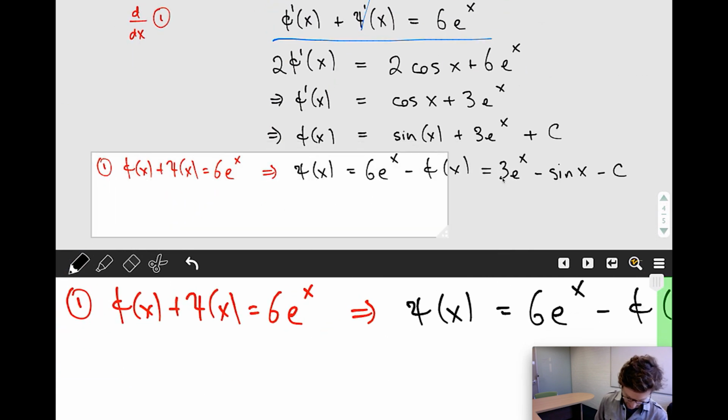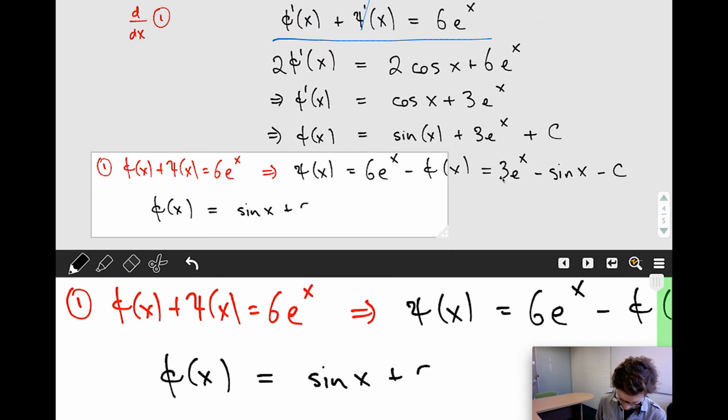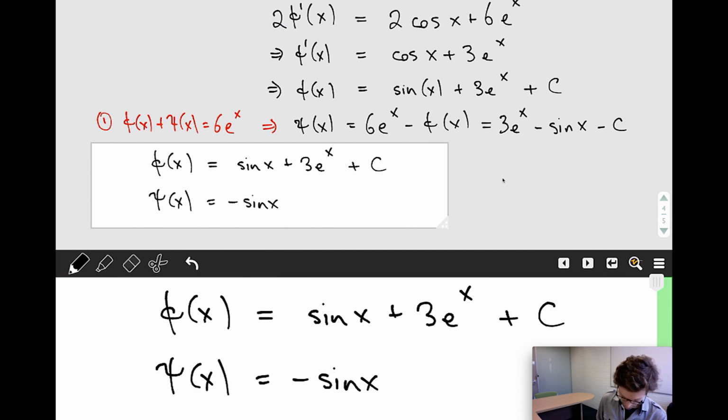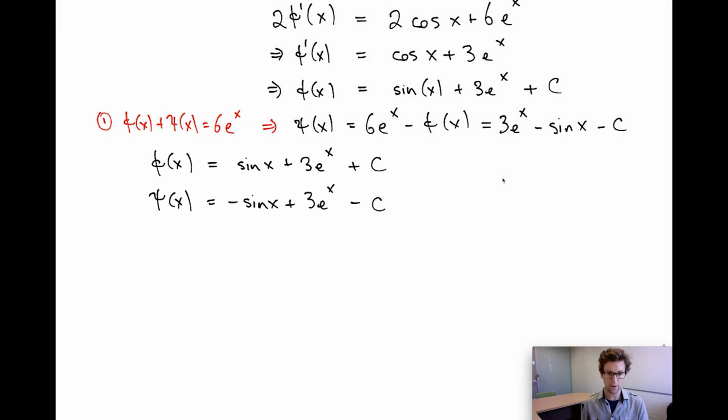So let me gather together my solutions. I've got phi x is equal to sine x plus 3e to the x plus c. I've got psi x is equal to minus sine x plus 3e to the x minus c. So I found the forms of my solutions phi and psi.